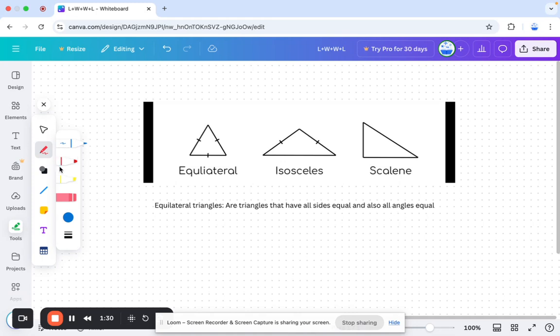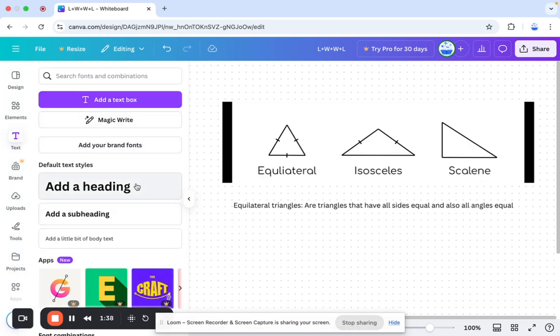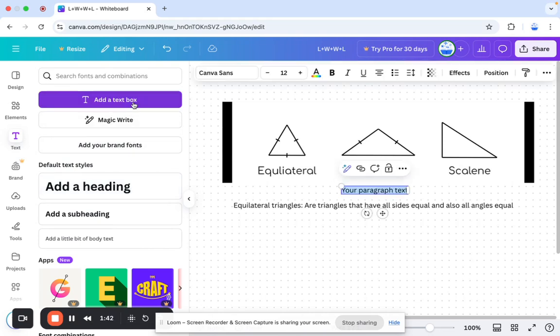So now we're going to move on to isosceles. So the thing about isosceles triangles is that two sides are equal and two angles are equal. But the thing is that in an isosceles triangle, the description says that at least two sides have to be equal.